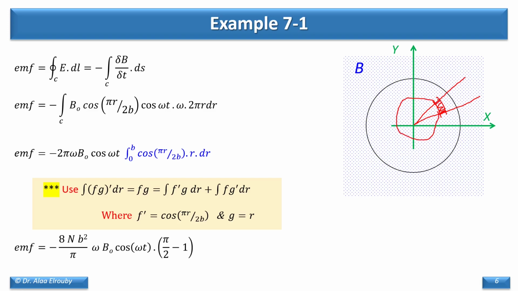So the field is constant with phi, so that we can integrate over this ring. The field across the whole ring here is constant.